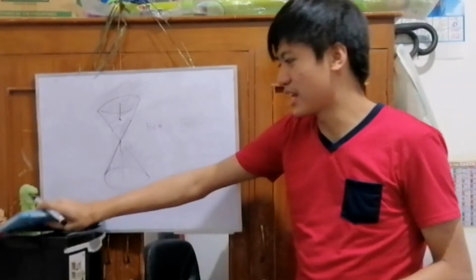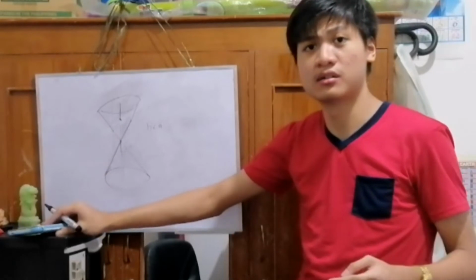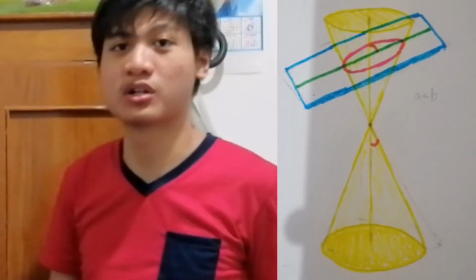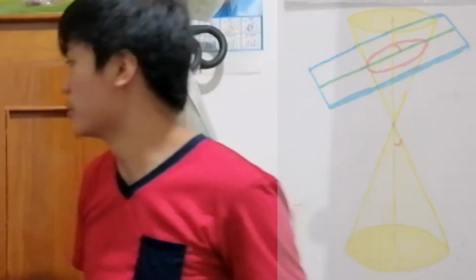And you would see that I have also made a curve with that intersection, and that is the picture that you can see right now on one side of the video.